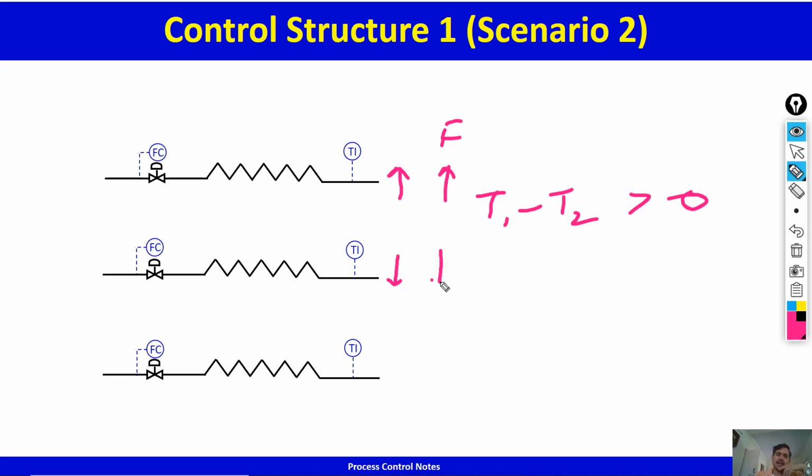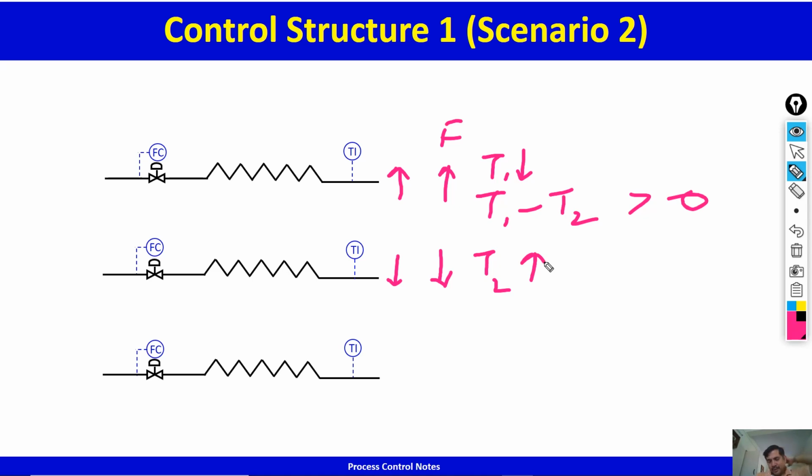So if flow through this tube is increased, T1 will decrease. Similarly, if flow through the second tube is decreased, T2 will increase. I hope you see that if T1 minus T2 is greater than 0, then one must increase the flow through tube 1 and decrease the flow through tube 2, and that will decrease T1 and increase T2, so T1 minus T2 will go towards 0.